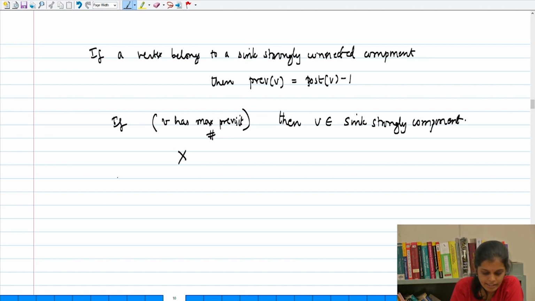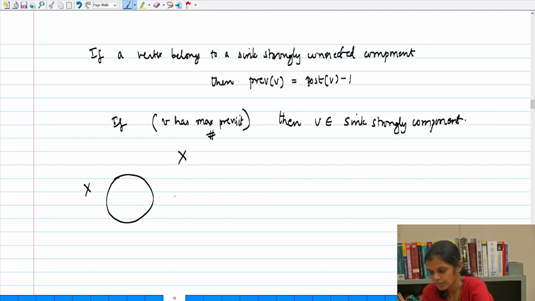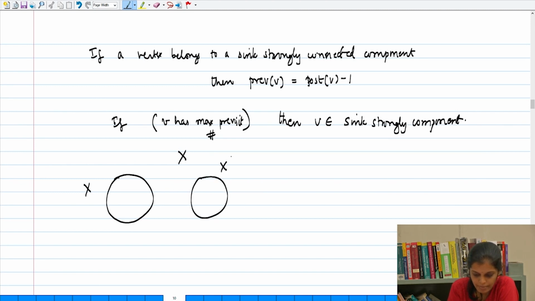So now let us see, if you have a component which is a source strongly connected component, what does it mean? It doesn't have any incoming edges, right? So now if you have two components, let's call them x and x prime, and suppose you have an edge from x to x prime, which can happen when x is a source strongly connected component, right?